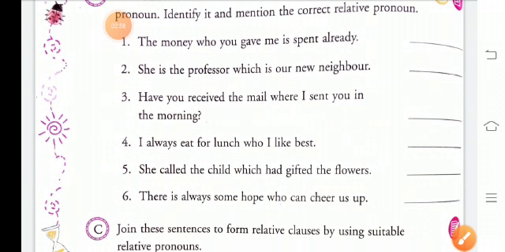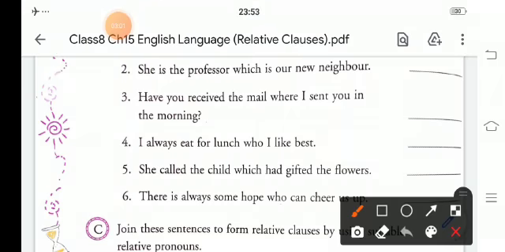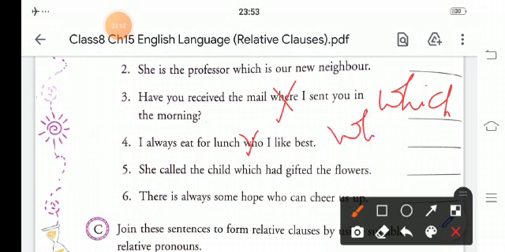Have you received the mail where I sent you in the morning? This is the wrong word. It will be which. Have you received the mail which I sent you in the morning? I always eat for lunch what I like best.